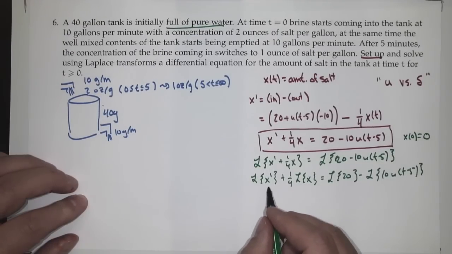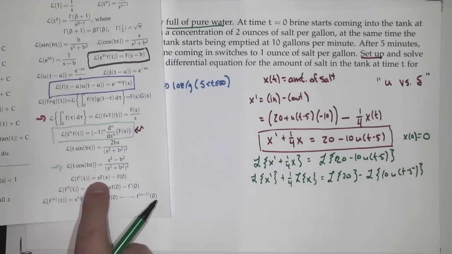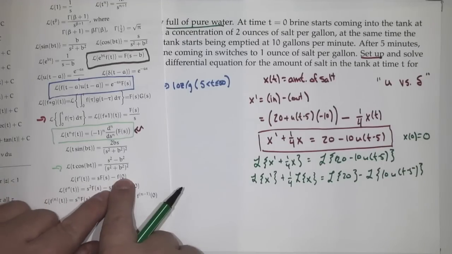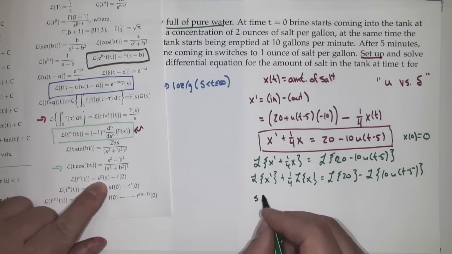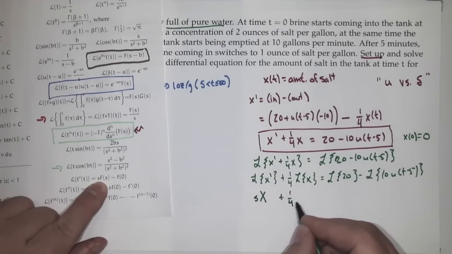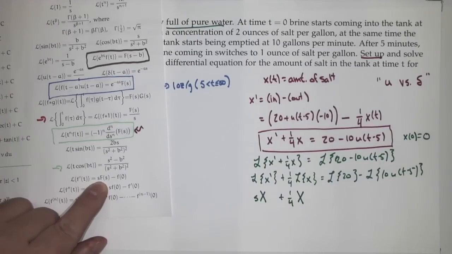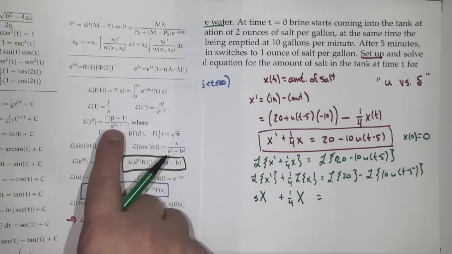Okay, so here we go. The Laplace transform of x prime, it's on our chart, s F of s minus f of 0. Well, x of 0 is 0, so we're left with s capital X. 1/4, the Laplace transform of little x is capital X. The Laplace transform of 20, we can pull the 20 out.